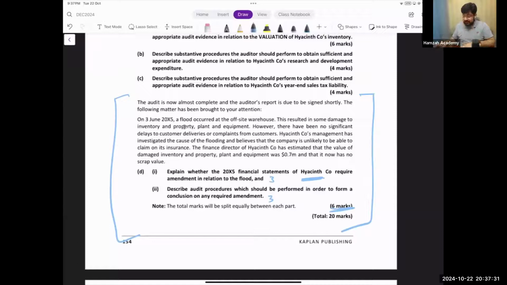Explain whether 20x5 financial statements of each company require amendment in relation to flood. Students, explain. Describe audit procedures, 3 marks.